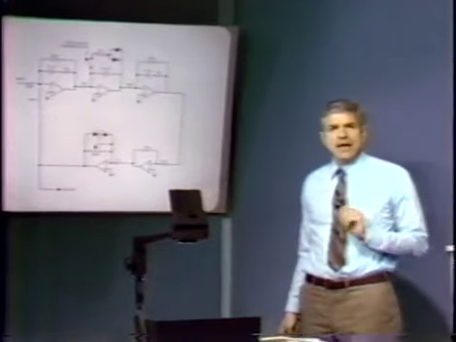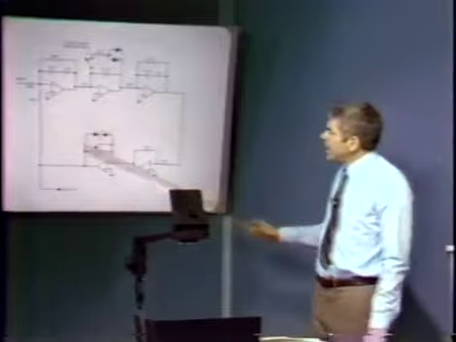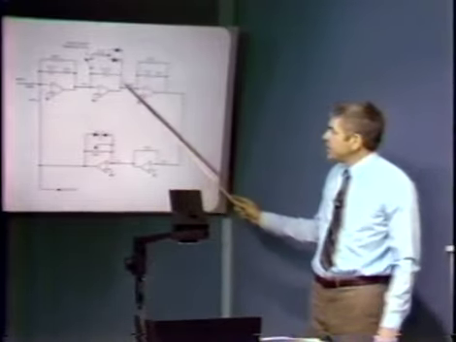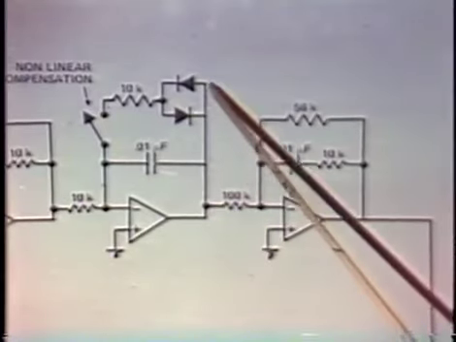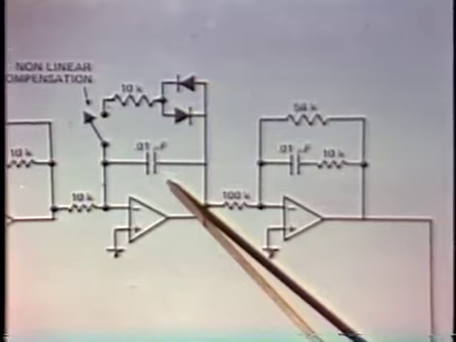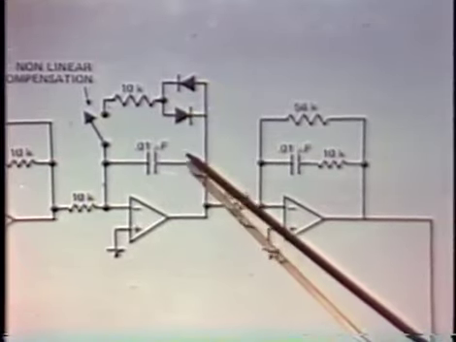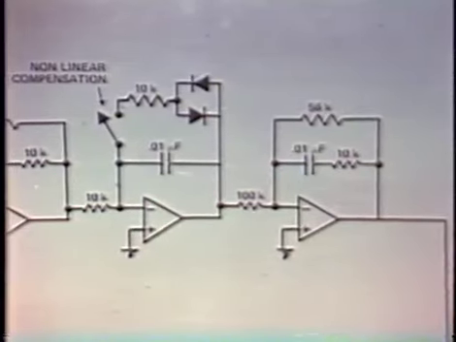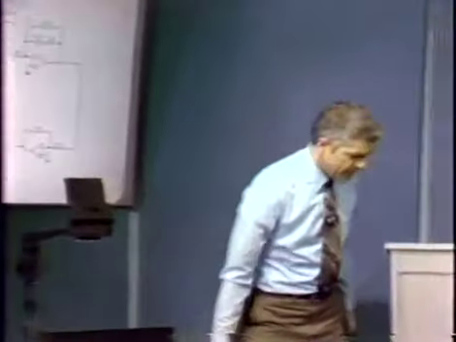The system behaves exactly as we showed it before. However, when the system tries to break into oscillation, the amplitude of the signal at this point gets large. Automatically, this 10K resistor is shunted across the 0.01 microfarad capacitor, and we change the dynamics associated with this integrator. We can see how that happens.